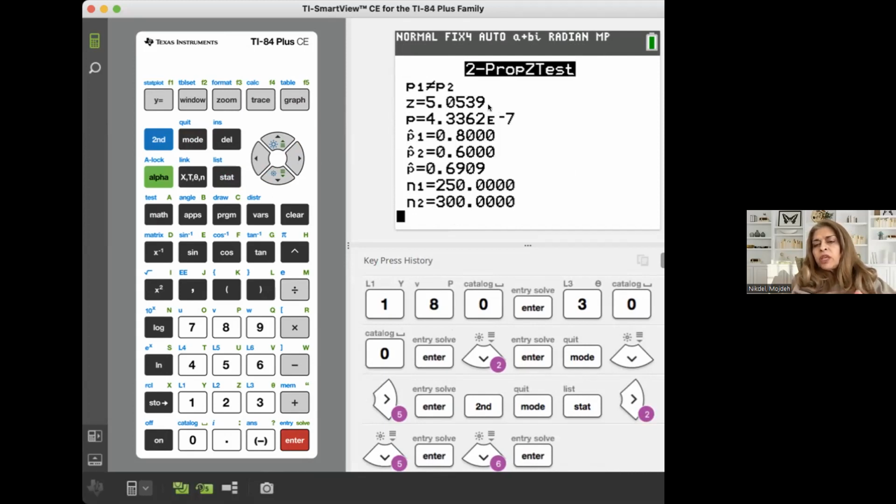If your p or your z has e attached to it, you have to copy that, then move your decimal point according to what your e is. Do not ignore the e, because if you ignore the e, you're going to have a wrong result. Okay, let me stop sharing my calculator.